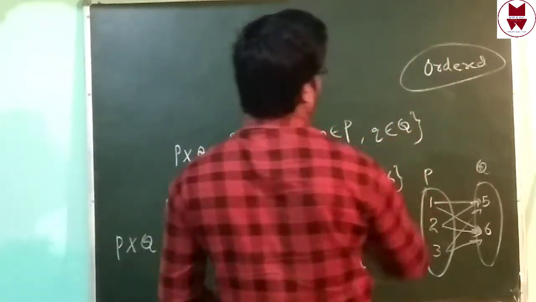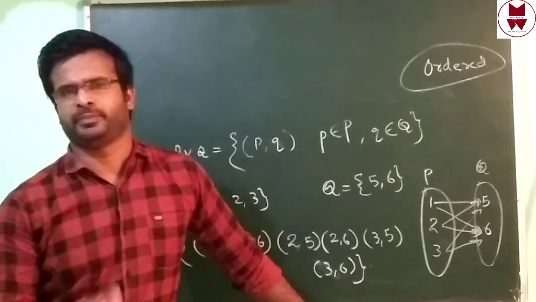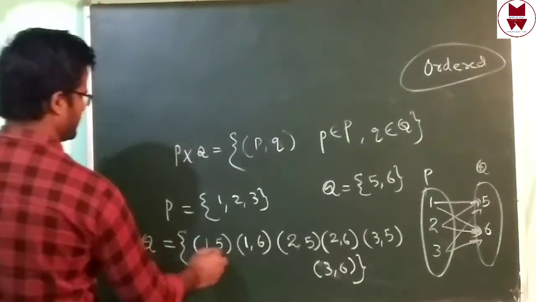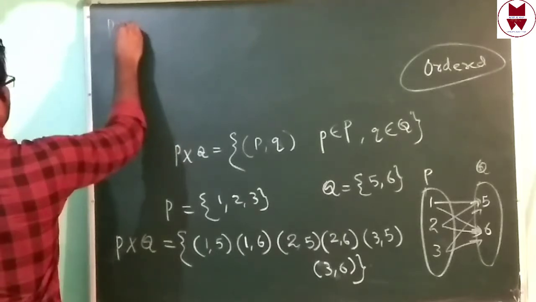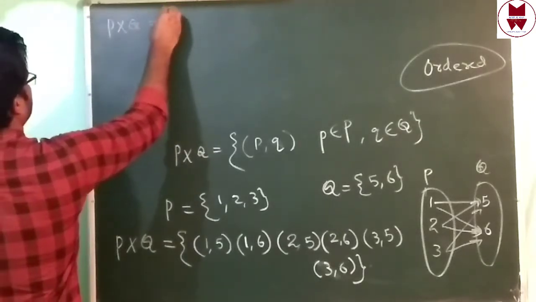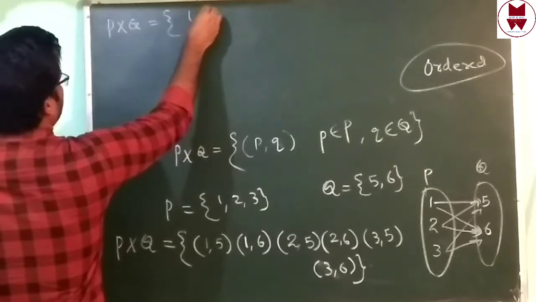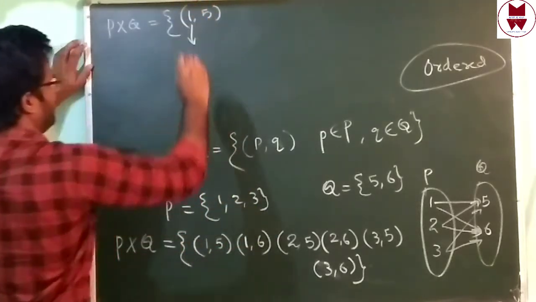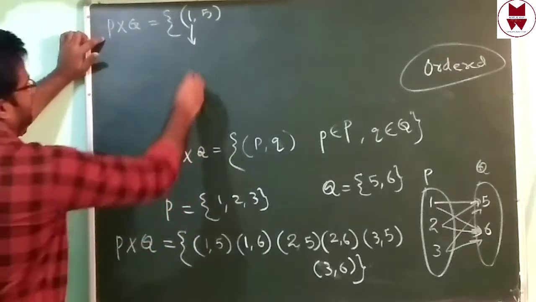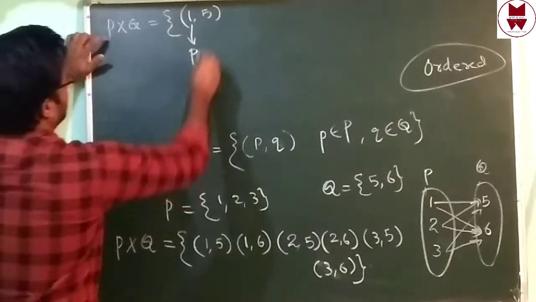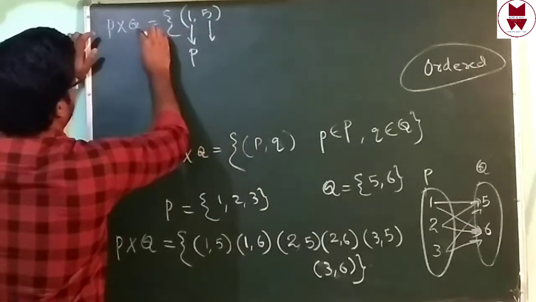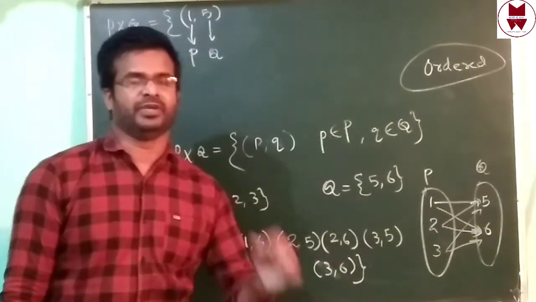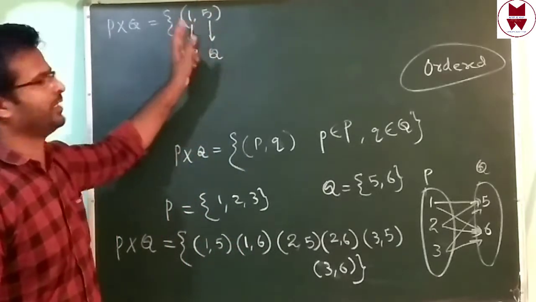What do we mean by ordered pairs? Ordered pairs means, if you consider the first element of P cross Q, say (1, 5), this first element is from set P, then the second element is from set Q. Ordered pair means we cannot change the order of these numbers.